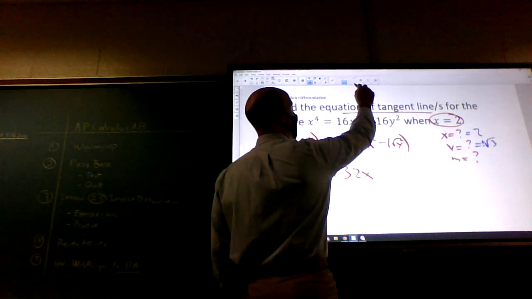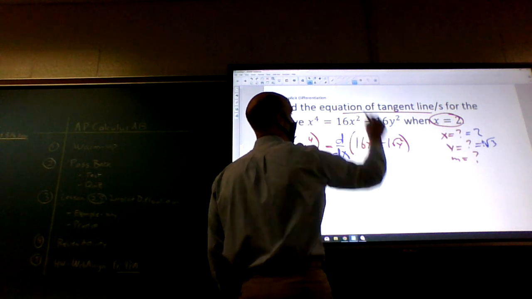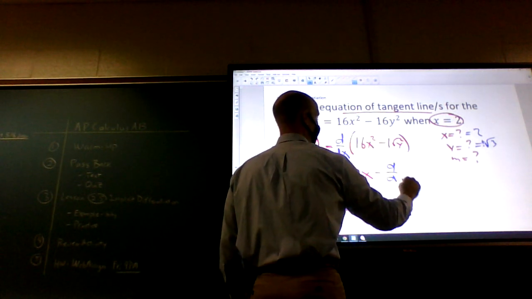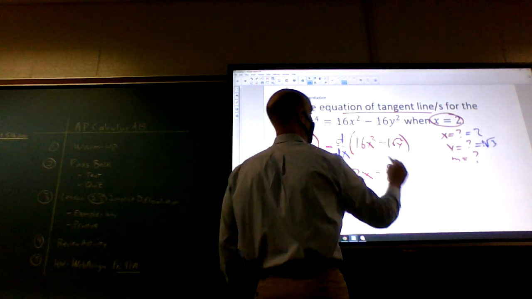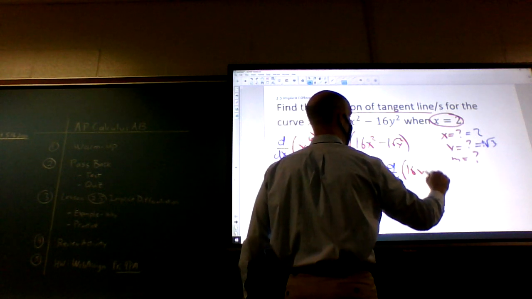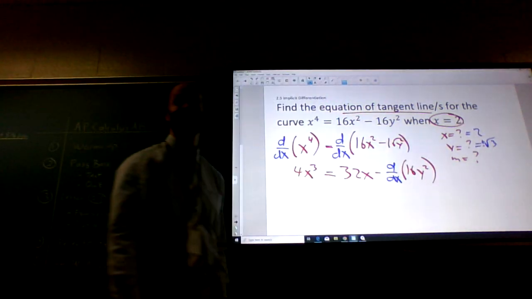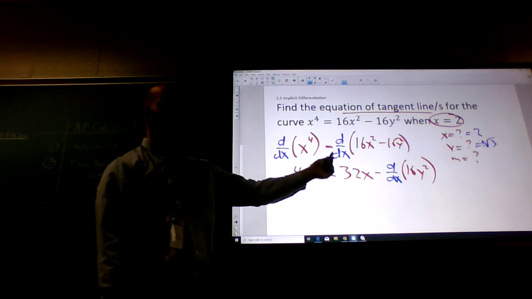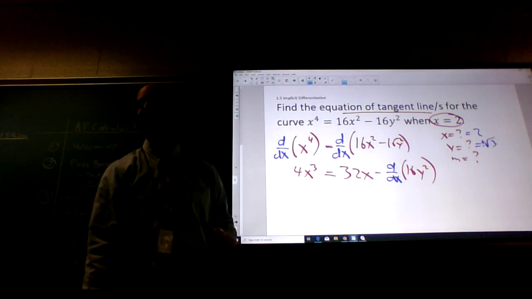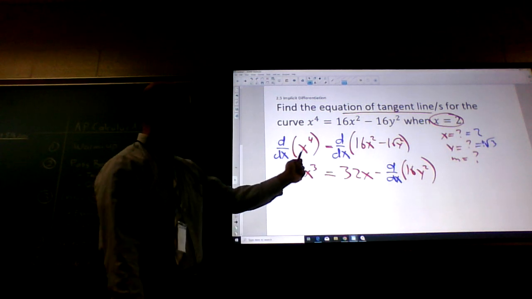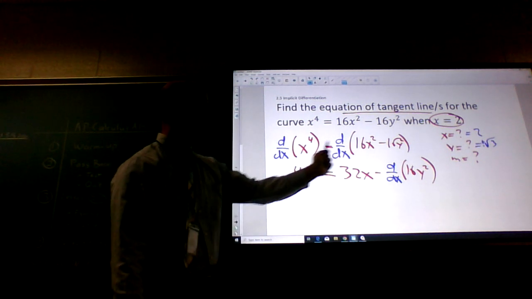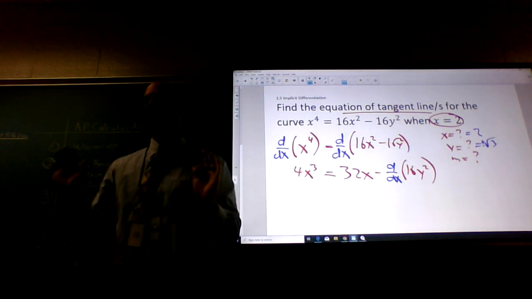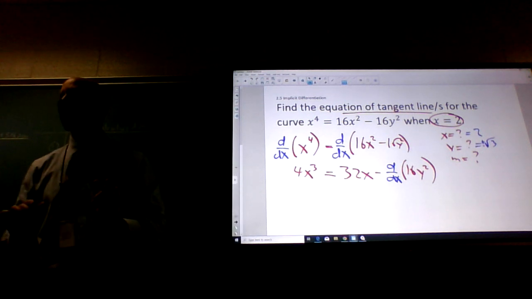Now, I'm going to leave the next part in blue, okay? Because this is the part that gets a little tricky. In fact, this is the only part you need to be extra concerned about. If I'm doing my derivative with respect to x, which is what we do most of the time in this class, and the thing I'm trying to do the derivative of is in terms of x, we just do like we've always done.